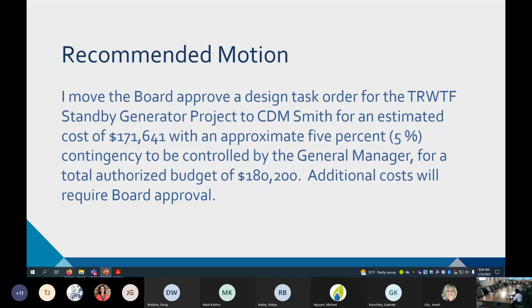We currently have the primary source of power, which is Novik, a 12.5 kV line that is coming into the facility. In addition to that, we have the generator power. We have one generator that has capacity to run 50% of the facility.